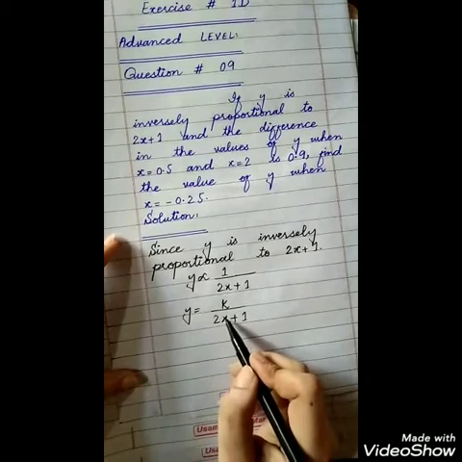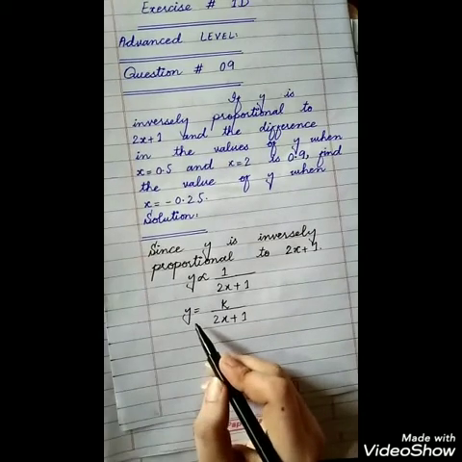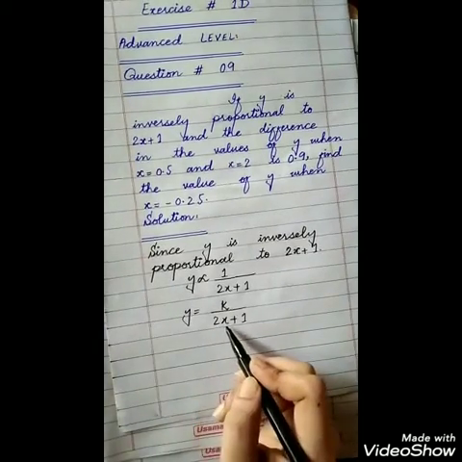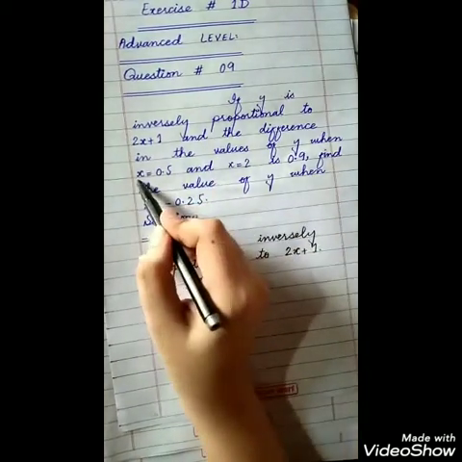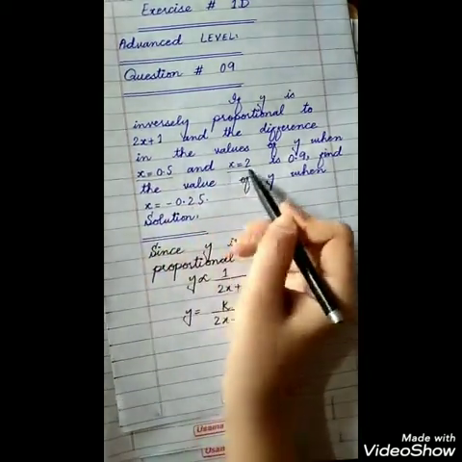Now we have to find the value of k by placing the value of x. As you know, we have two values of x. First of all, we will place x is equal to 0.5.